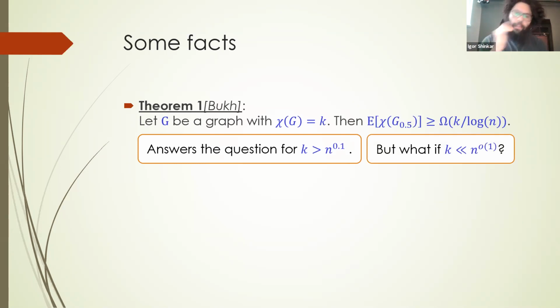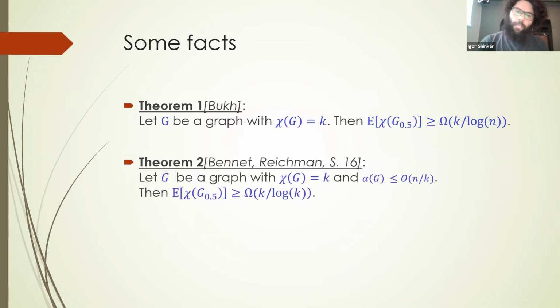But I would like to think of K as being really small, maybe 100 or log N or something like that. So in this paper with Huck and Daniel, we showed that if a graph is well-behaved, in the sense that the independence number is the inverse of the chromatic number, maybe up to constants, then we get a positive answer to this question.